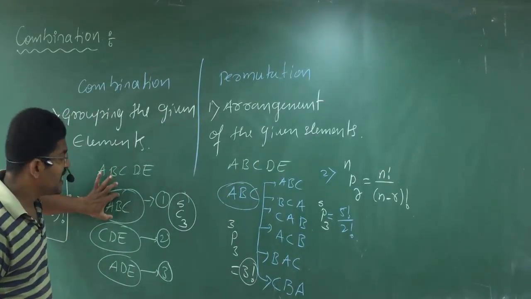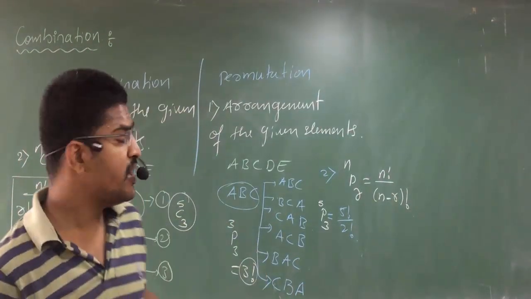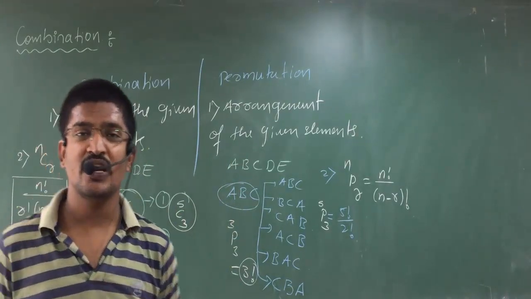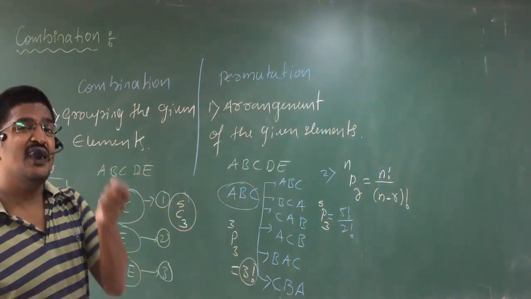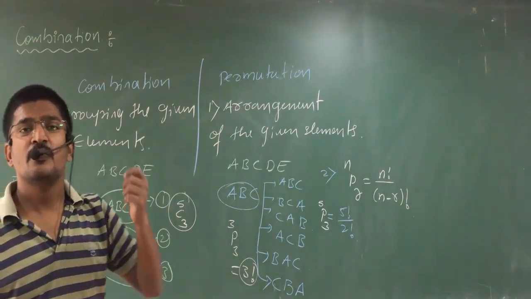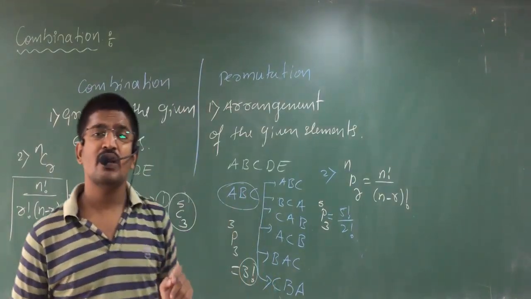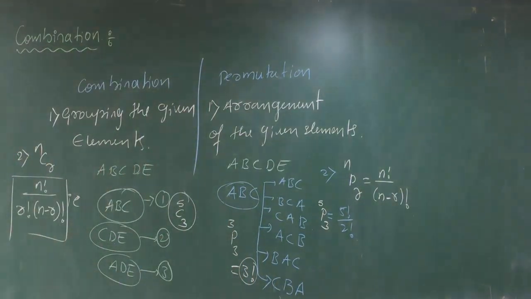Here if you take 3, that's over. That's one group, over. But permutations means it is arrangement. Are you getting my point? So arrangement is always greater than grouping. That's why the number of permutations is always greater than the number of combinations. Clear, students? Now let us go for the next topic.